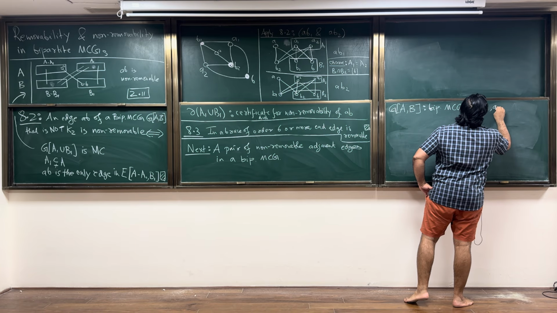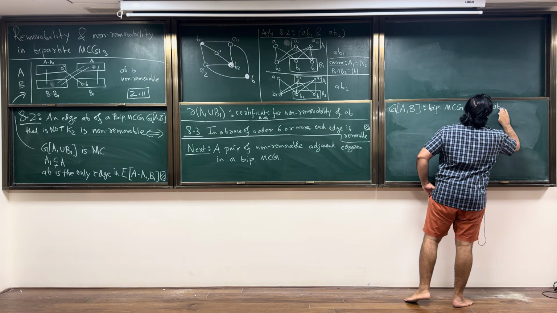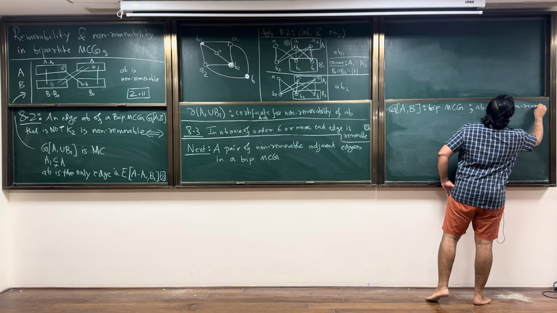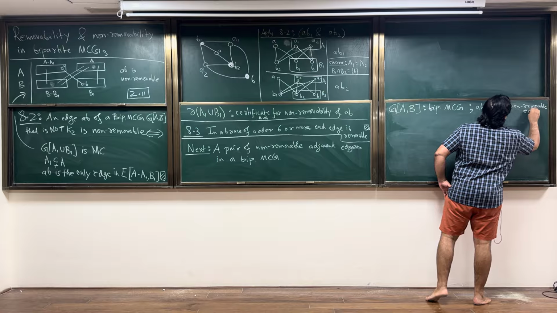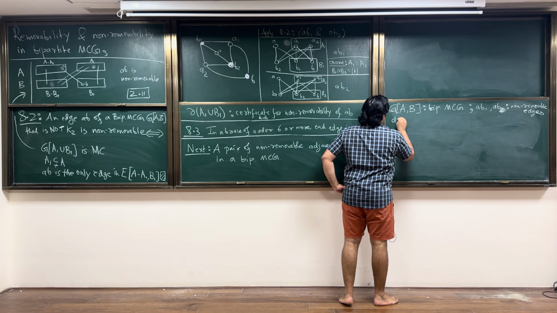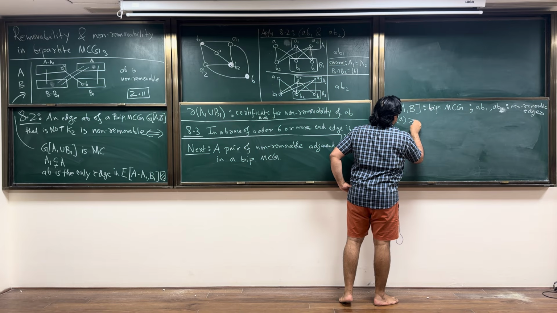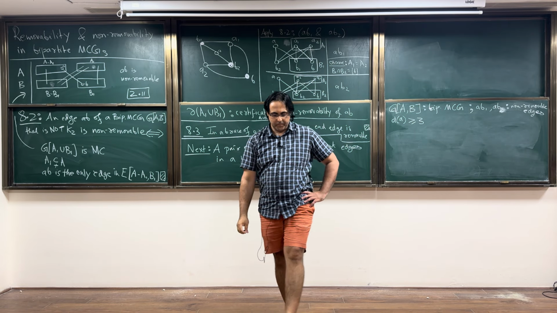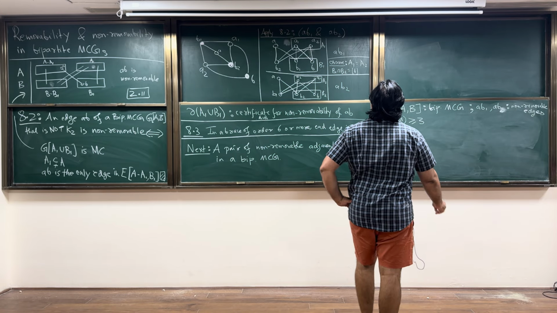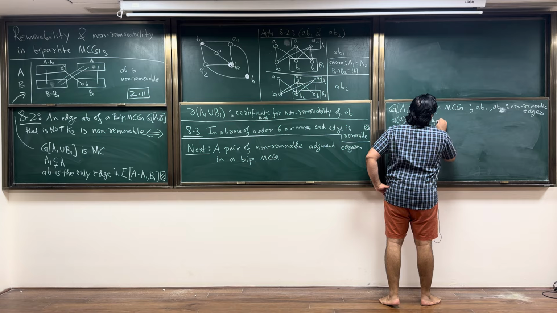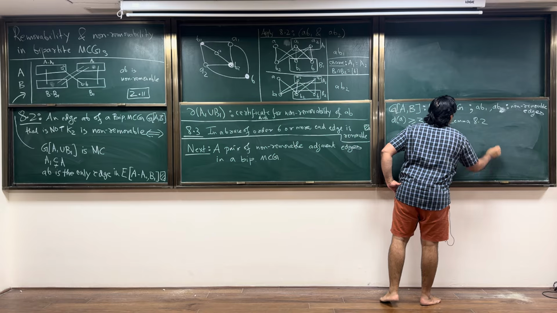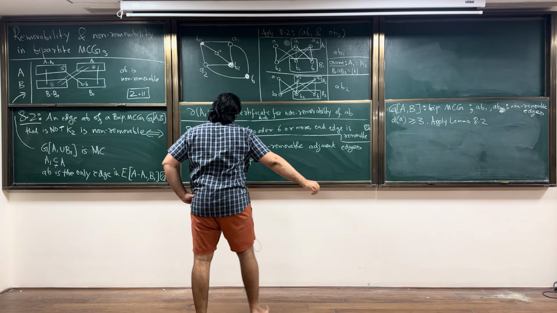AB1 and AB2 are non-removable edges. The degree of A is at least 3. Apply Lemma 8.2 to AB1 and AB2.